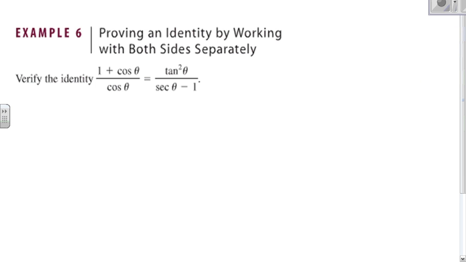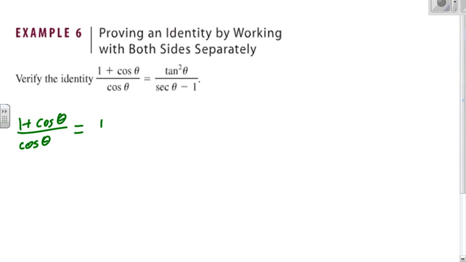For this example, we're going to work each side separately again. So let's go ahead and take a look at the left-hand side. We have 1 plus cosine of theta over cosine of theta, which, since the addition is on top, we can split the fraction into 2 fractions.